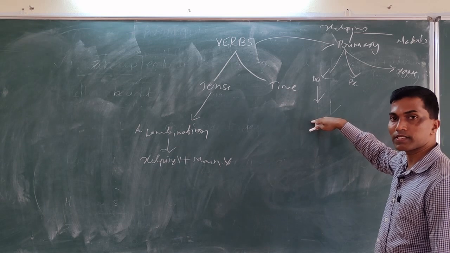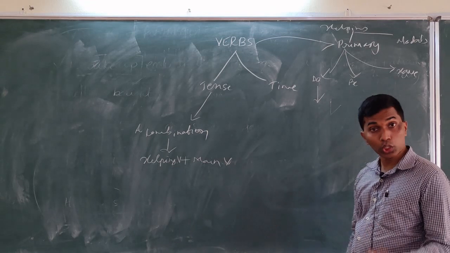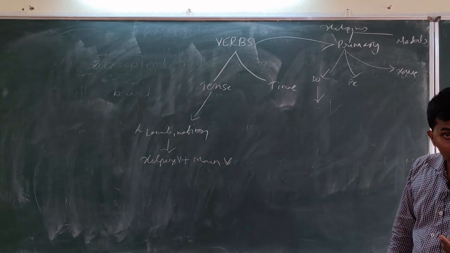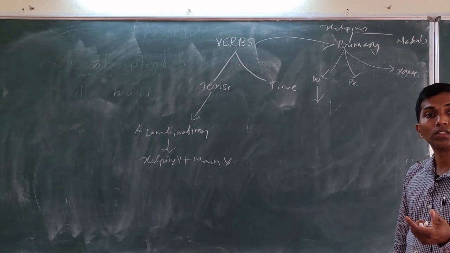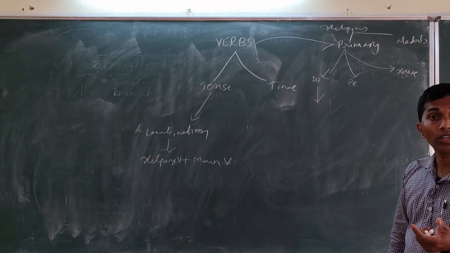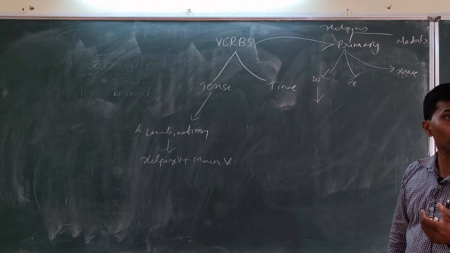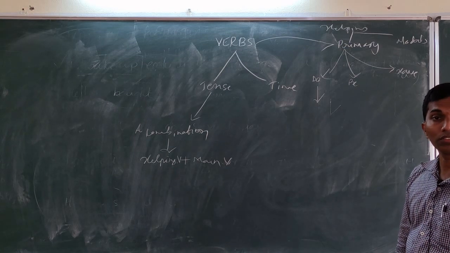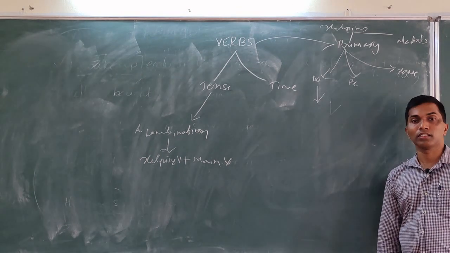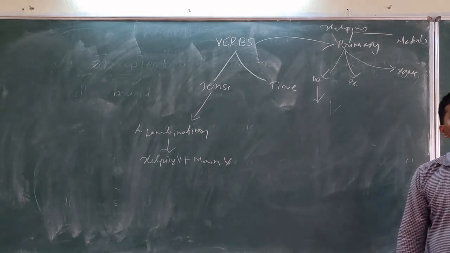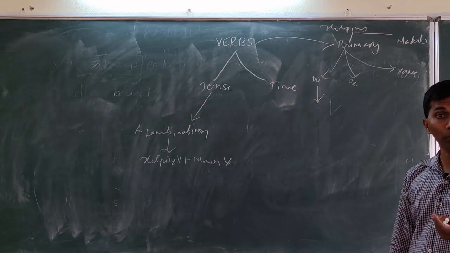That's why the tense definition is, it's a combination of a particular helping verb, means to say either be or do or have, and in them do's one of the forms, do, does, did, one of these. Have is one of the forms, have, has, had. Be is one of the forms, is, am, are, was, were, one of these. That's why a particular helping verb.